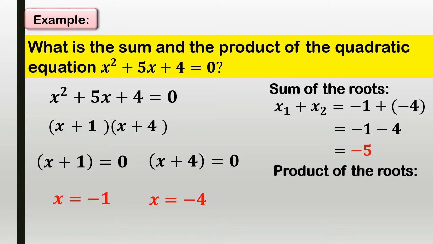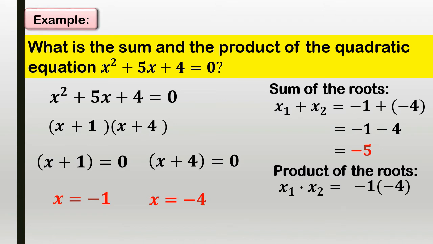Now, let's proceed. Identify the product of the quadratic equation. From the word product means we need to multiply. So, the formula that we can use to identify the product of the roots is x sub 1 times x sub 2. Okay, substitute the value. Negative 1 times negative 4. So, sabi natin, when we are multiplying negative to negative, the answer will become equal to positive.